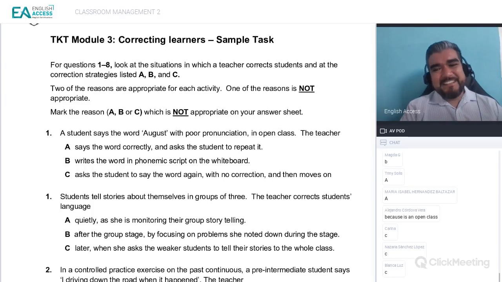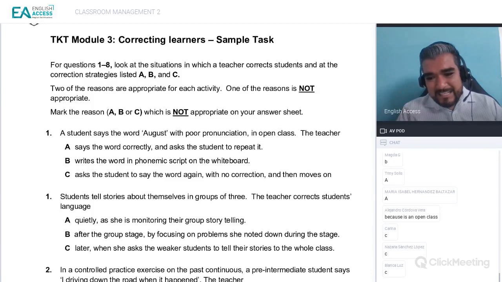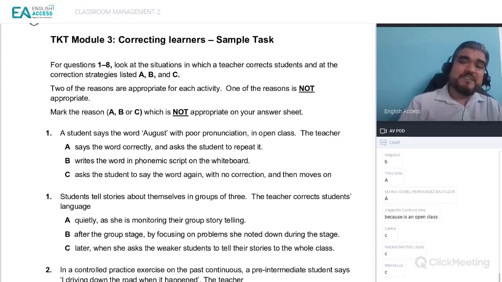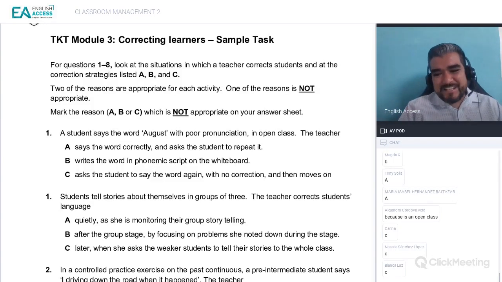Many different ideas. And even Alejandro gave us a reason, right? Why not? But I need to say that Karina, Nazaria, and Blanca are correct. Good job, Karina, Nazaria, and Blanca.